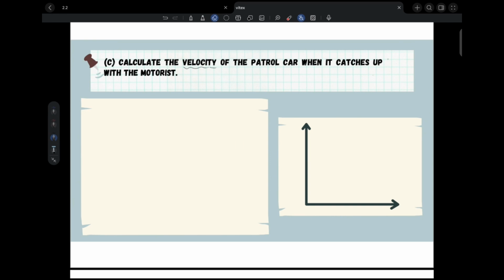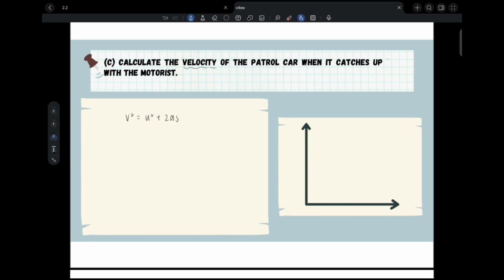Hi, I'm Kang Shi, and I'm the one who will continue the lesson. For C, we will have to find the velocity. And when we talk about velocity, most of the time we will use the formula v squared equals u squared plus 2as. It's very simple actually.